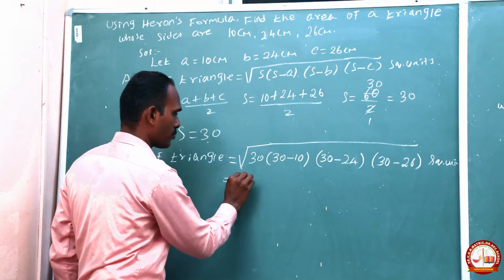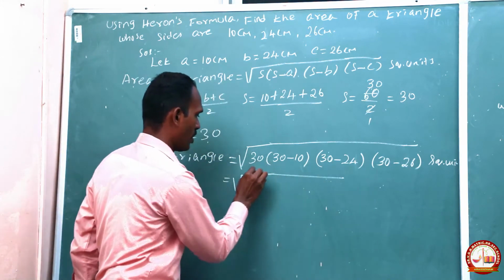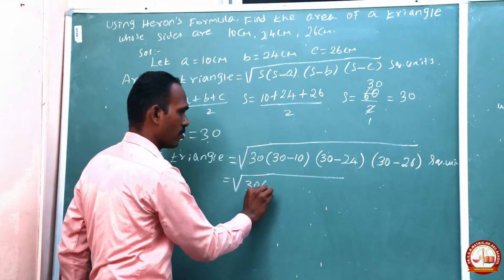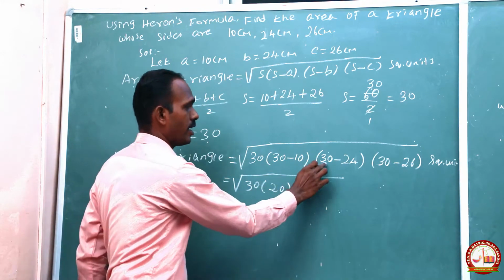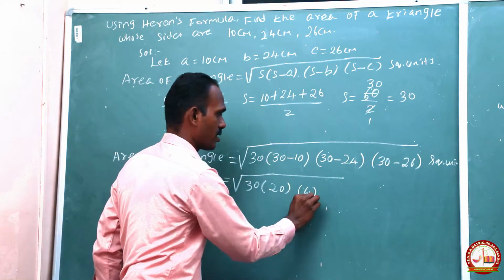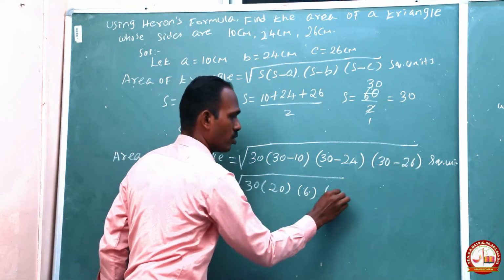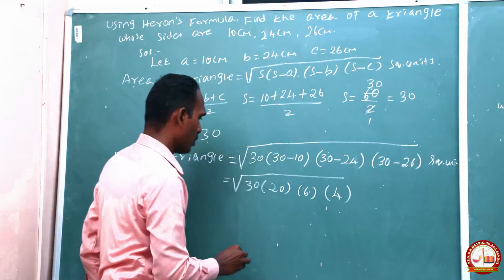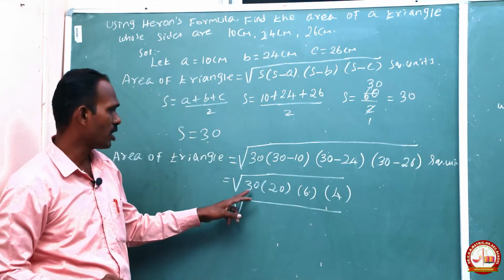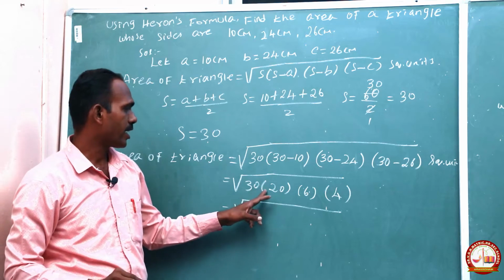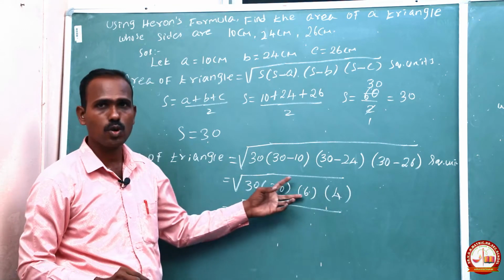Then we solve here. Root of, at first we write 30 as it is. 30 minus 10 is 20, 30 minus 24 is 6, and 30 minus 26 is 4. So root of 30 into 20 into 6 into 4, all are multiplied.